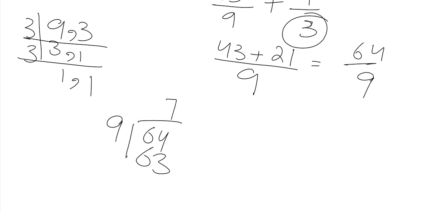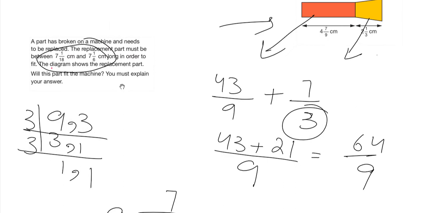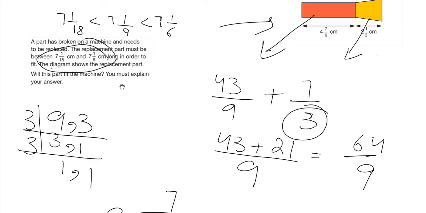And we get 63 and times it with 7. Alright. So we have to see whether 7 and 1 over 9 is between those two values or not. Yeah, it's completely in between these two, and it will fit. Yeah, it's exactly between that, and it will fit the space as well.